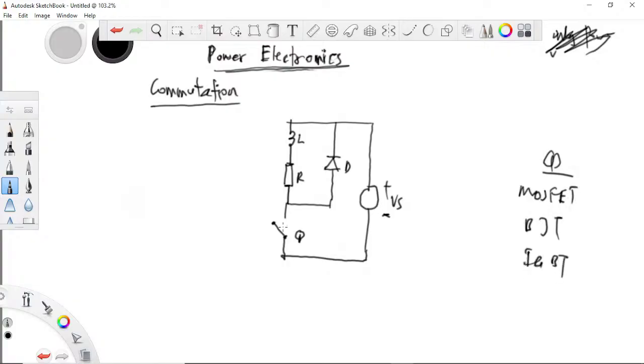It's just a controlled device, a controlled switch. Let's say it's a BJT, so I can have it like this.